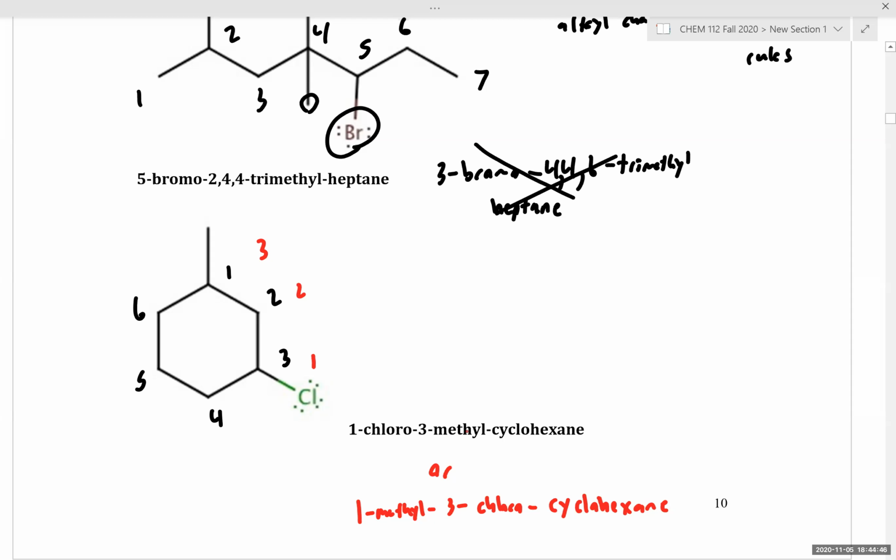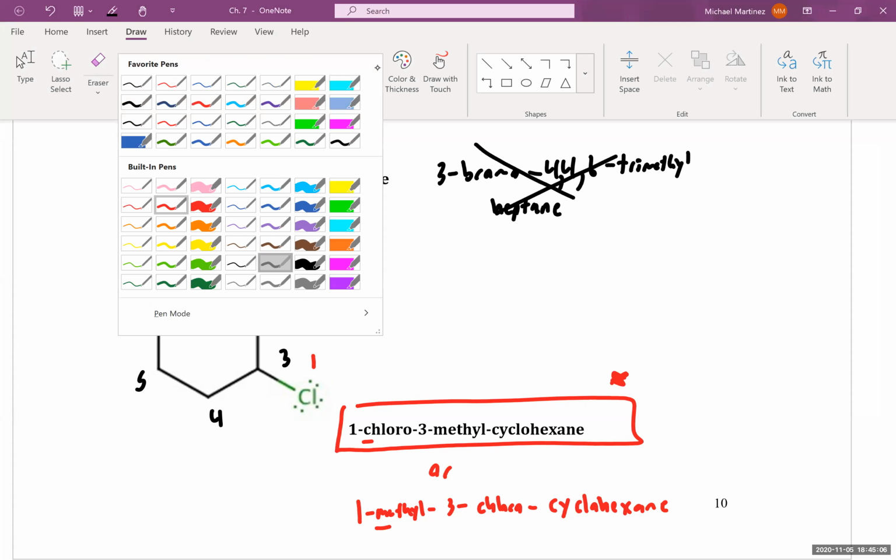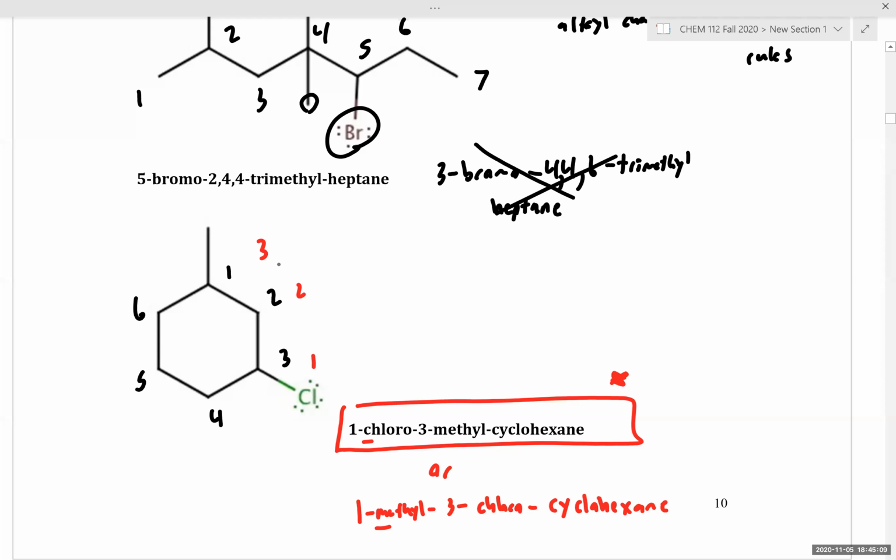So if we have to pick and we compare methyl and chloro, chloro, which has C, is first alphabetically, so we give the chlorine substituent the lowest priority number. Does that make sense to everyone? So just remember, in the event of a tie, alphabetical order wins out if you're comparing an alkyl chain to a halide substituent. Does that idea make sense to everyone? Perfect.